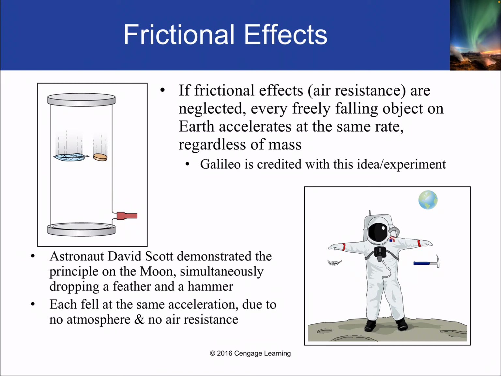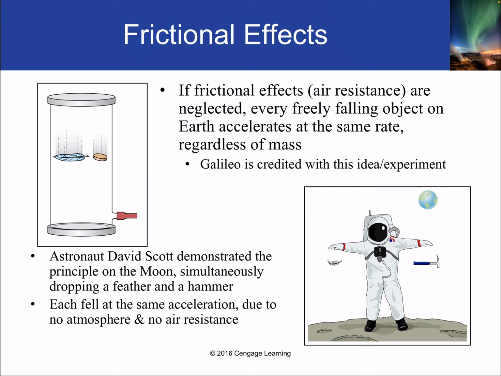So the basic experiment is that if we would put a coin and a feather in a vacuum and drop them, the coin and the feather would fall at the same rate because we're taking out the air resistance. Because we know right now, if I gave you a feather and a coin and asked you to drop them, the coin is going to fall faster, and that's because of air resistance.